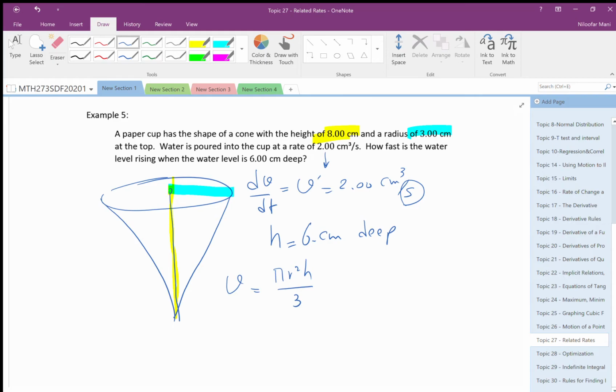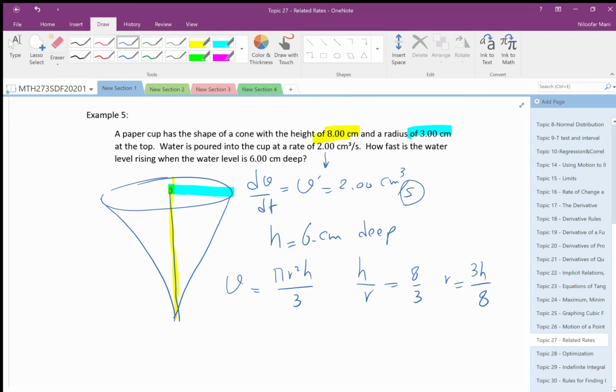Yes. Here I know H divided by R is 8 divided by 3. So R is 3H divided by 8. H divided by R, 8 divided by 3, both of them centimeter. I don't need to do any change. Be careful with the units.